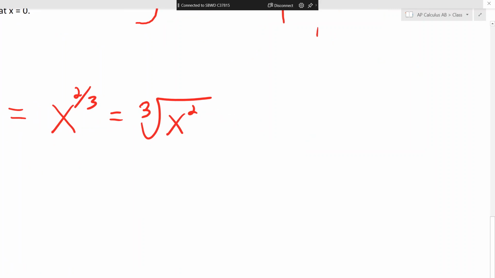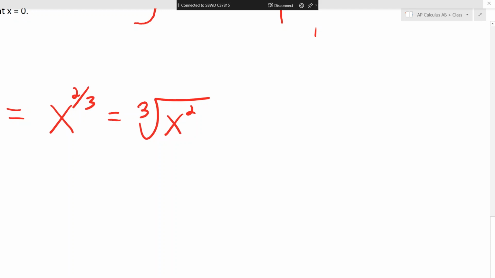So, the root and the power are like fighting each other, right? The power wants to multiply and make it bigger, while the root wants to take away and make it smaller. Who's going to win this fight? The cubed root or the square power? Which one's bigger? Cubed root. Yeah, cubed root's going to win, which causes the graph, it's still going to get bigger, but it does it bending downwards, concave down.